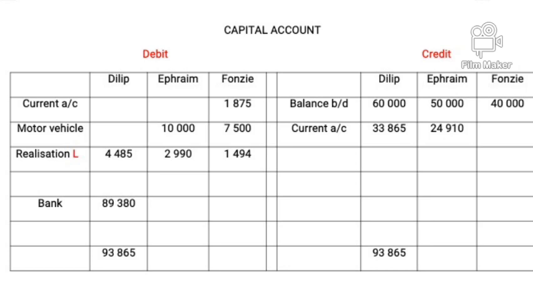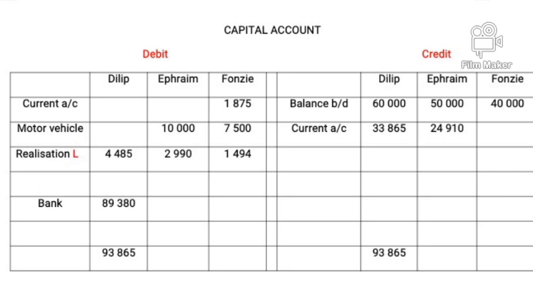So I'm going to write 93,865 in both totals. Why? Because the credit side is greater than the debit side. So it means that the balancing figure of Dilip is going to appear on the debit side, which is a favorable situation to Dilip. That Dilip is receiving from the partnership.